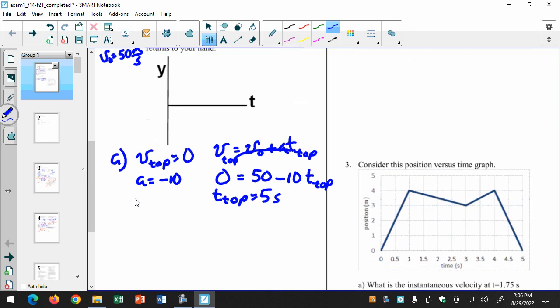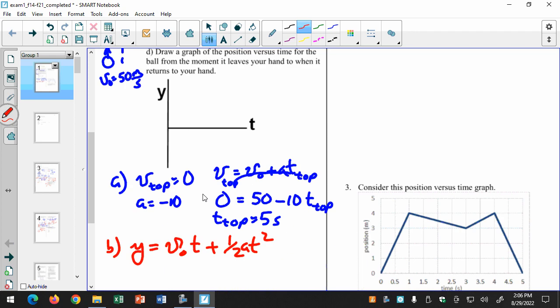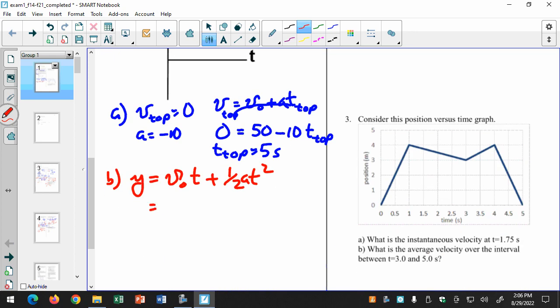Then, if you want to know the height, I say y, that gives me the vertical distance, is equal to v naught times t plus 1/2 a t squared. So if I want to know the height, I just put in the time. When it's at the maximum height, put in the time for right here, and then that parametric equation will give me that height. So that's going to be 50, the initial velocity, times 5 seconds.